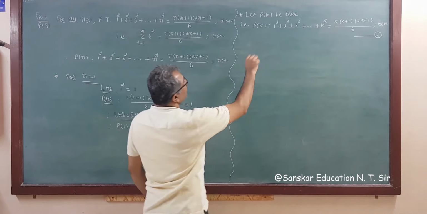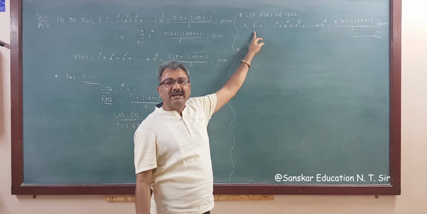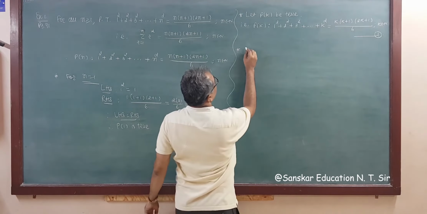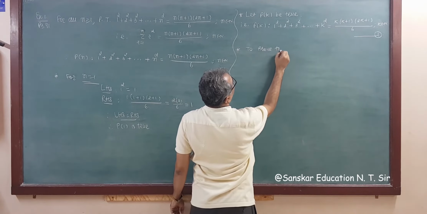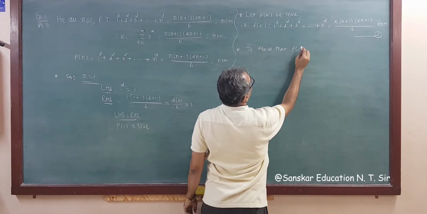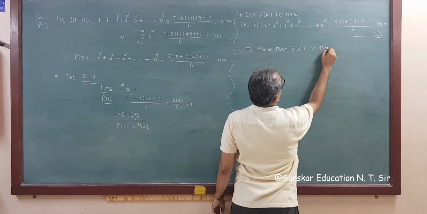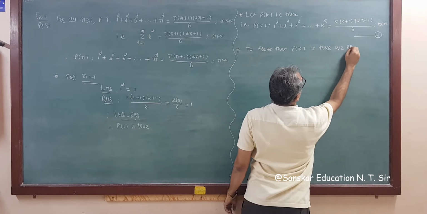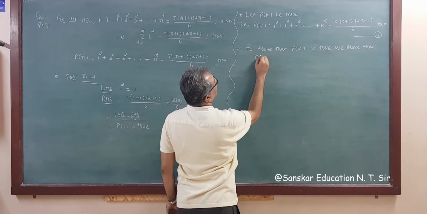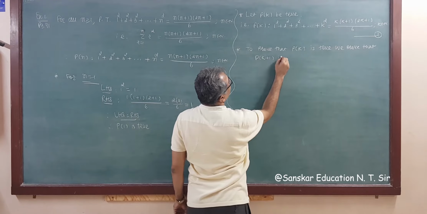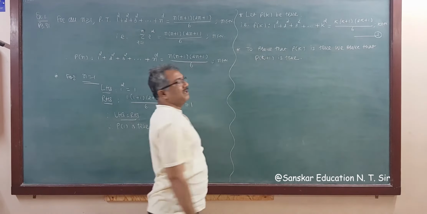Right? Now, assuming Pk is true, we have to prove Pk plus 1 is true. Right? So, we prove that Pk plus 1 is true.